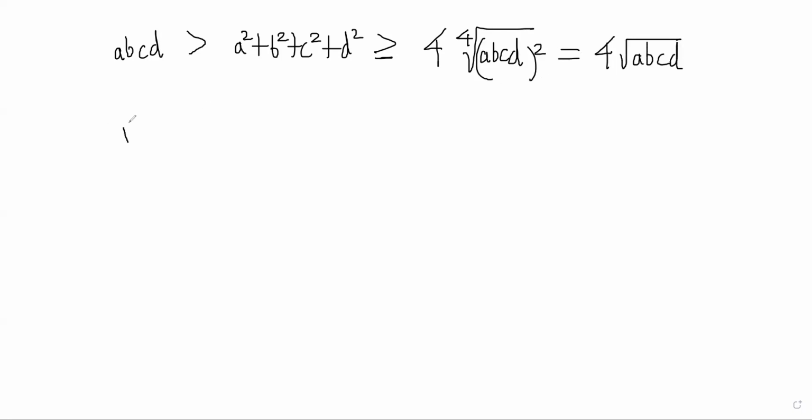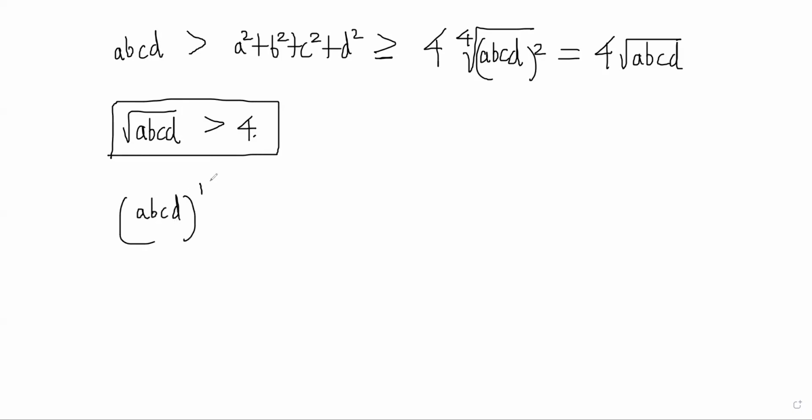So from here we can say that root over abcd is greater than 4, right? Root over abcd is greater than 4. So abcd to the power 1 by 4 is greater than 2.